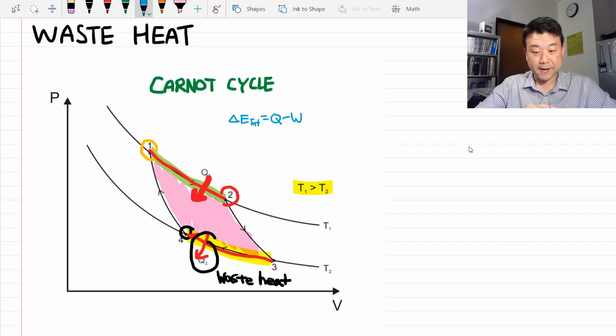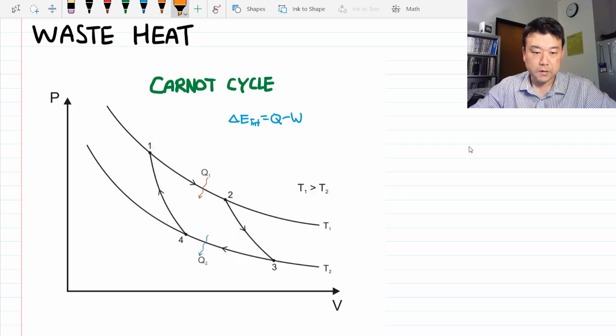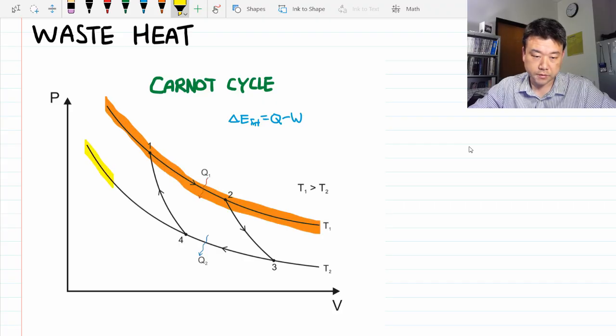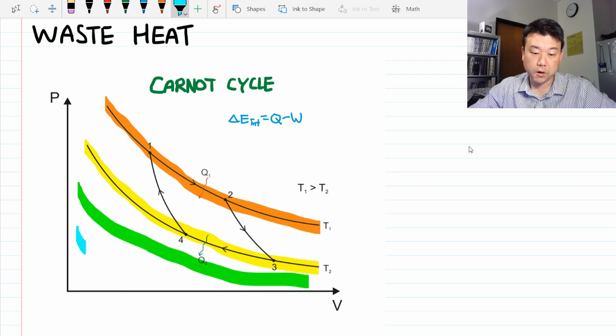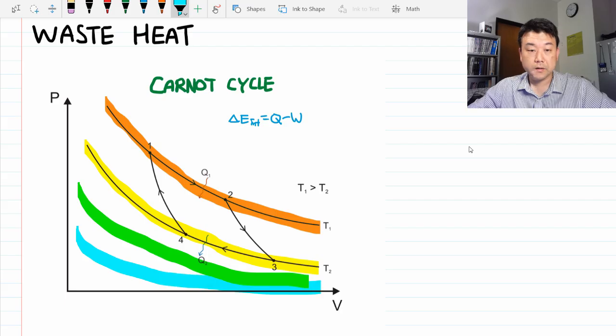Before I say goodbye, I want to point out one possible loophole. If you spend enough time looking at these isotherms, you come to this conclusion that these isotherms go lower and lower as you go to lower and lower temperature.